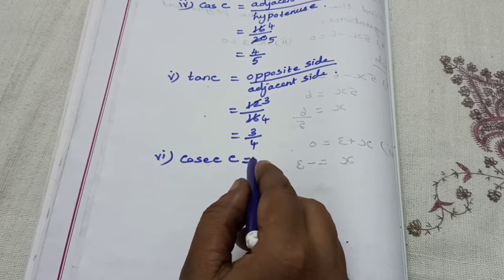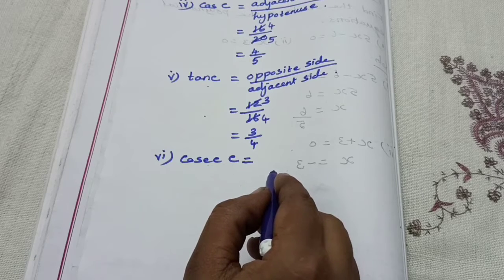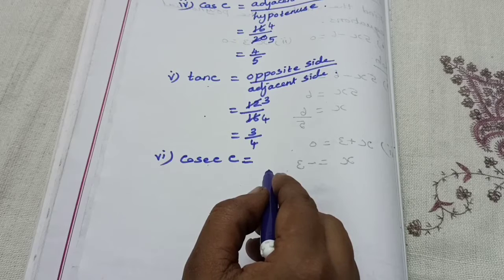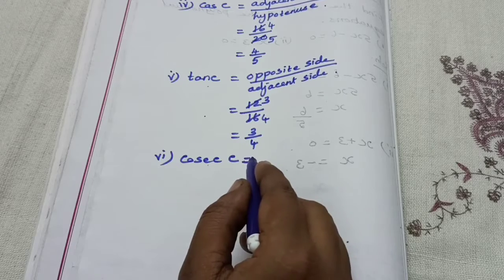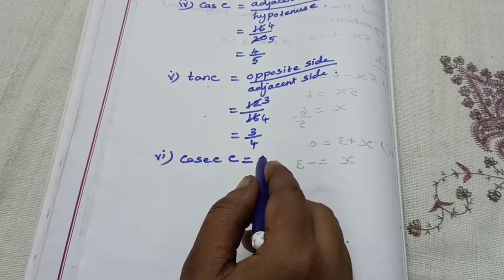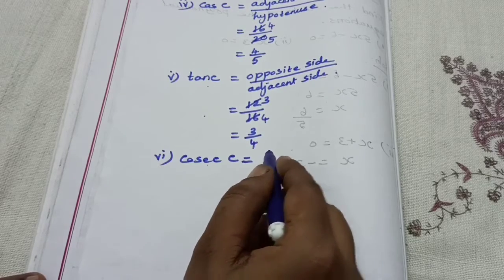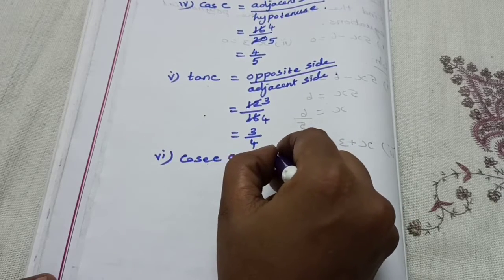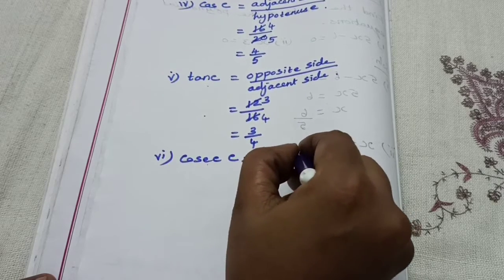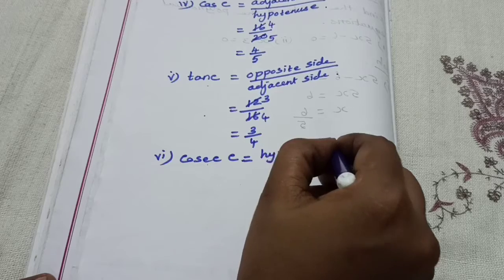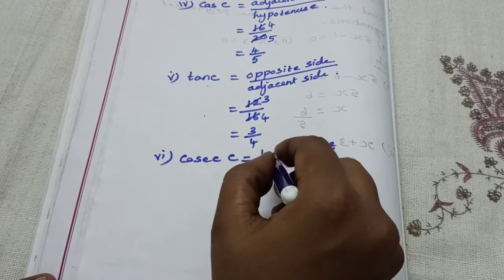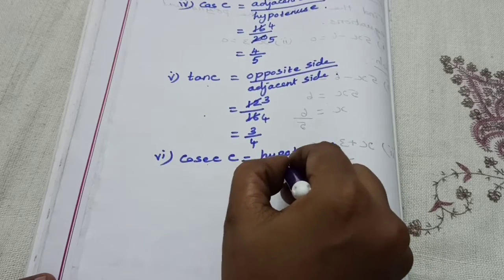Cosecant C is equal to 1 by sin C. Sin theta you know, isn't it? Opposite side divided by hypotenuse, isn't it? Just the reciprocal, that means the hypotenuse divided by opposite side.